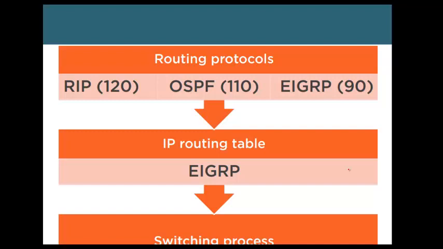We have CEF that decides. Most of the switching in Cisco is based on CEF. There is also another type of switching called process switching. Now what's the difference between the CEF based switching and process switching?